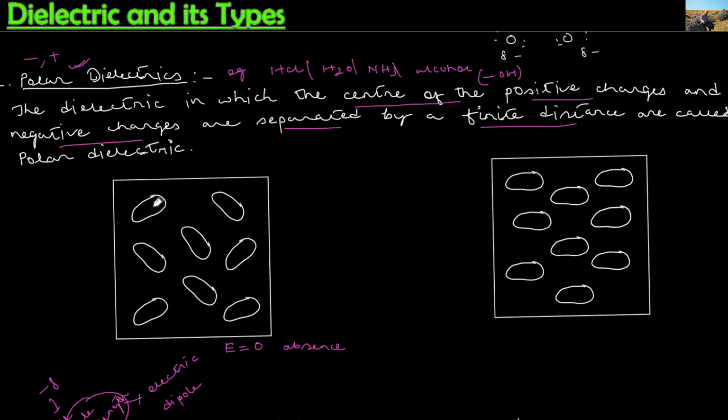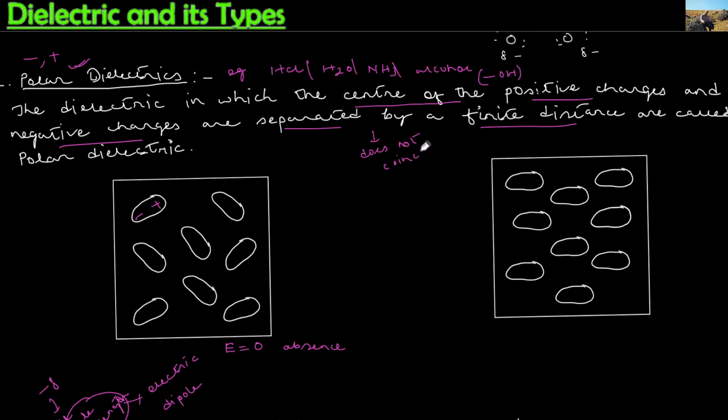We find that there will be positive and negative charge, but there is some distance between them, which means that the centers of positive and negative charge do not coincide. In polar molecules, the centers of positive and negative charge do not coincide.